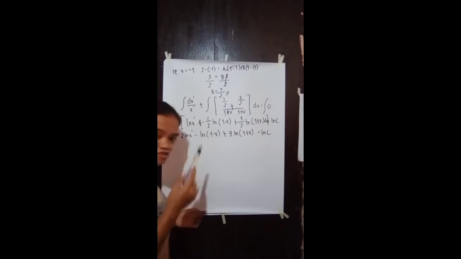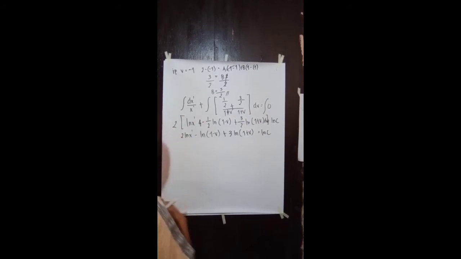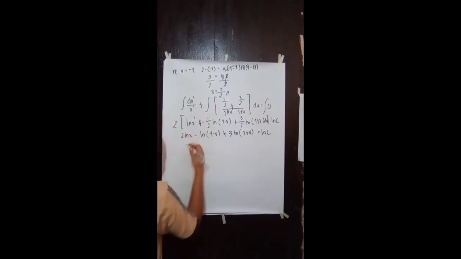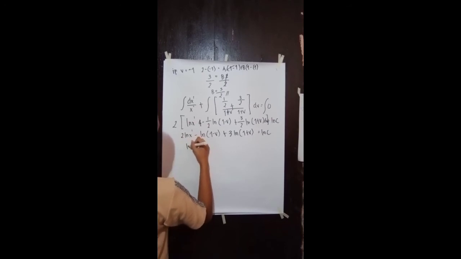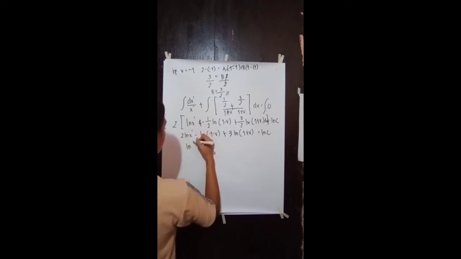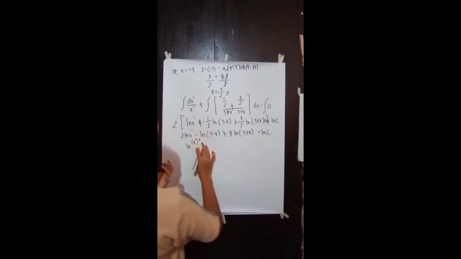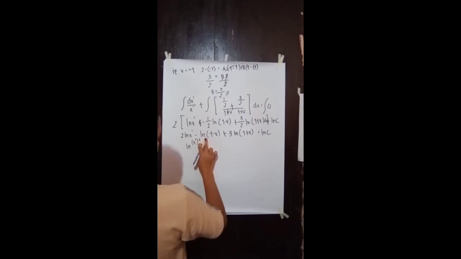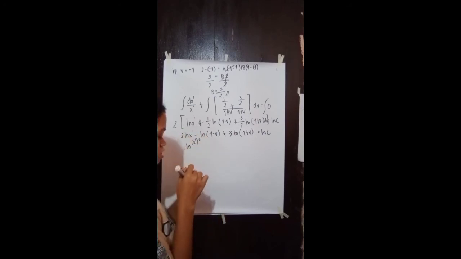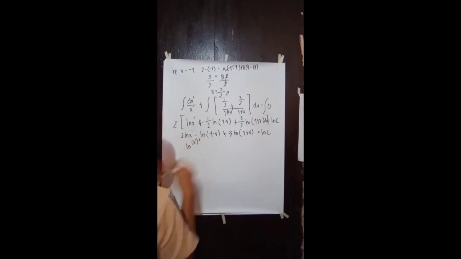Ito anong value nito? So, gamitin natin yung rule of logarithm. So, ang mangyayari dito is power rule. Ln x1 squared. Tapos, meron siyang katabing ln. So, ang rule ulit sa logarithm, pag ang ln is mina-minus, i-bring down natin siya.